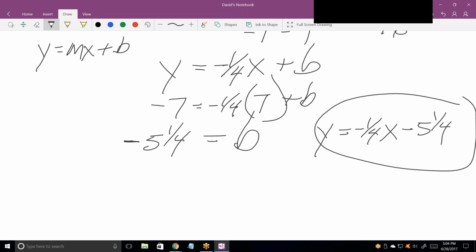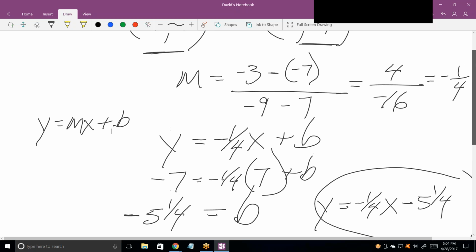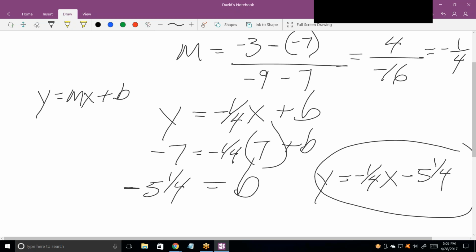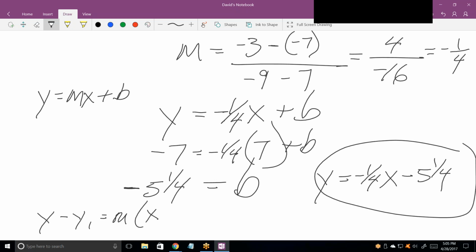There is another format called point-slope, and actually point-slope is a little bit easier here. I'll show you why. Once I have the slope, point-slope looks like this: y minus y sub 1 equals the slope times x minus x sub 1.